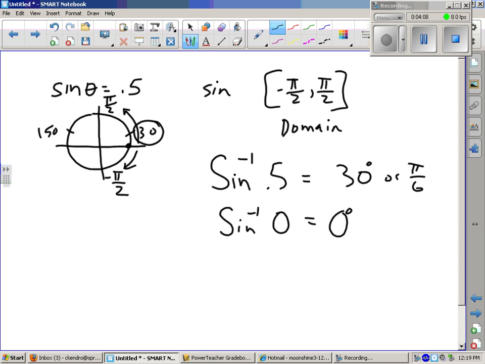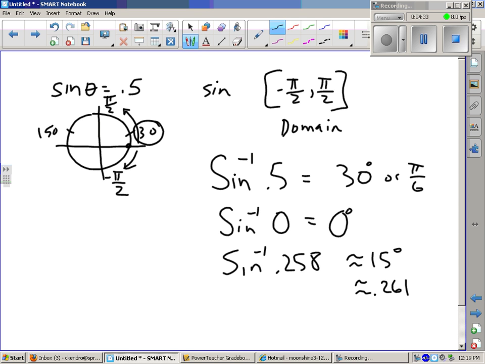degrees or 0 radians. What about capital S inverse of 0.258? Well, we don't know that one on our circle, so you've got to go to your calculator. So you do the inverse sine of that, you hit it, and you get about 15 degrees. In radians, it's about 0.261.